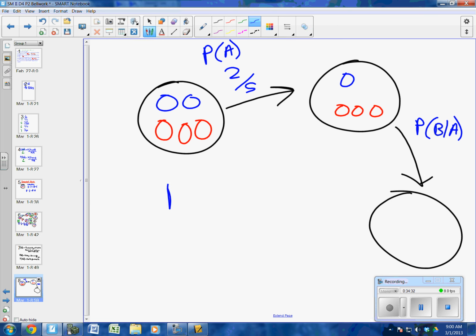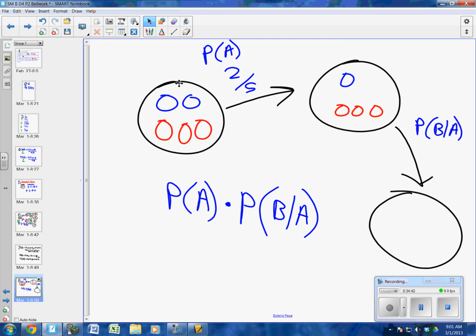We went like this: probability of A times the probability of B given A to find out our final outcome, right? And we came up with 1/10.